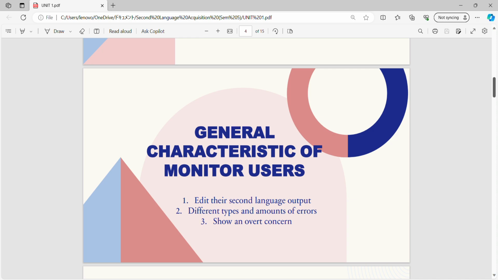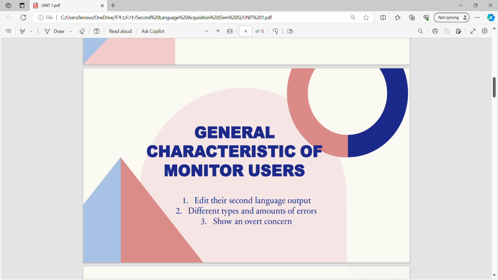The second is there is a different type and amount of error. When we learn a new language such as English, which we use as our second language or foreign language, if we are still learning, we will find there is a different type and amount of mistake.